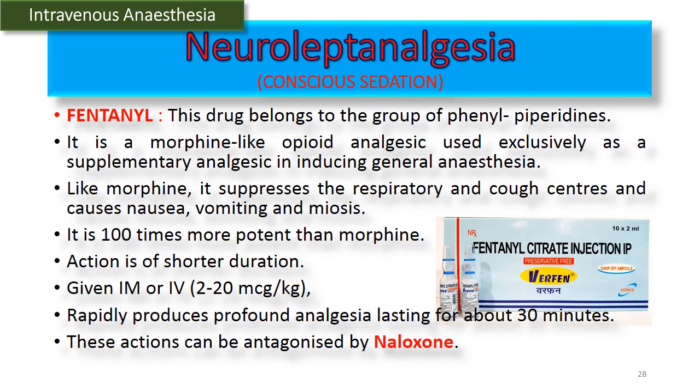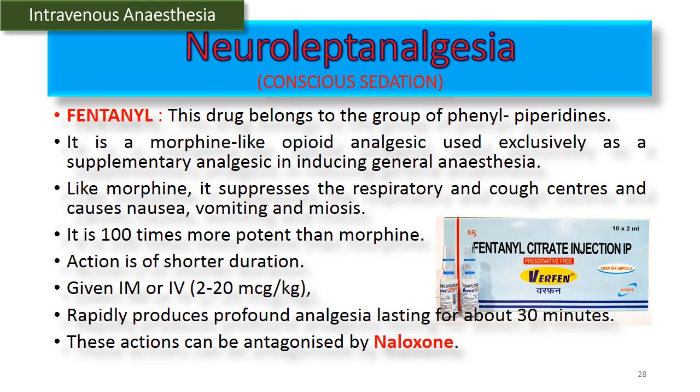Fentanyl is another commonly used drug to produce neuroleptic analgesia. This belongs to the group of phenylpiperidines. It is a morphine-like opioid analgesic widely used as a supplementary analgesic agent in inducing general anesthesia. It has morphine-like effects and it suppresses the respiratory and cough centers and also causes nausea, vomiting and constriction of pupil.